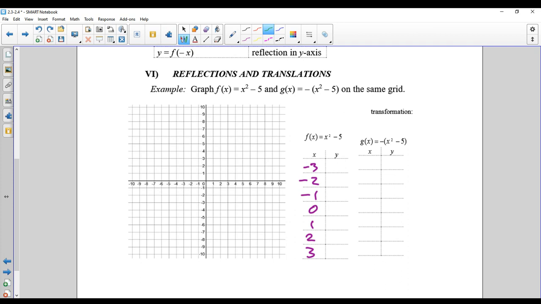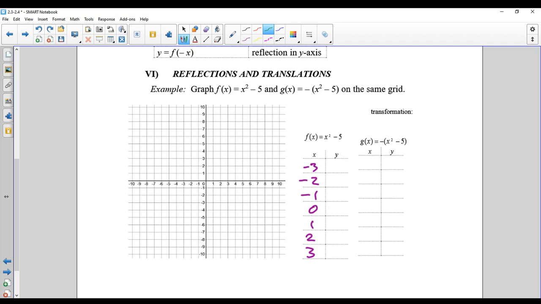I want you to fill in the table that would result from x squared minus 5 for these values, which means minus 3 squared minus 5, minus 2 squared minus 5, minus 1 squared minus 5, and so on and so forth. Fill in that table of values for me now.